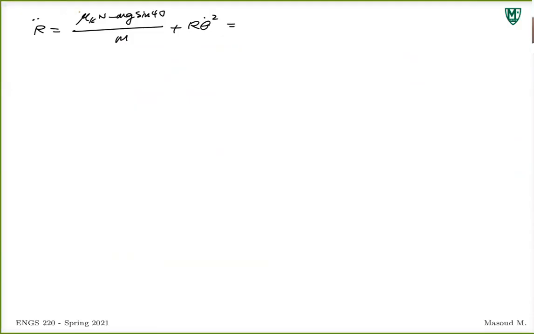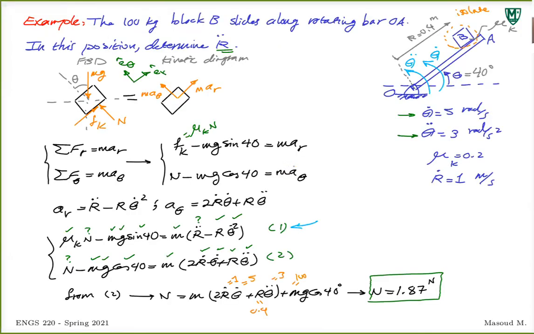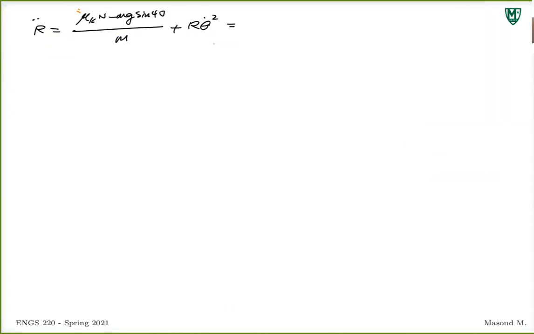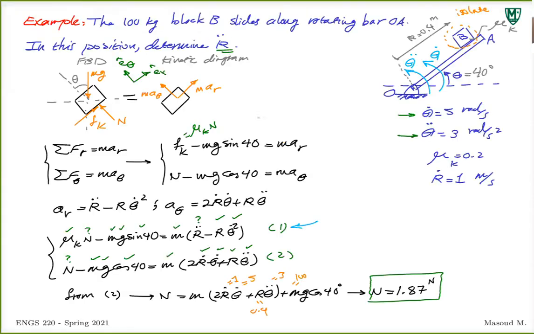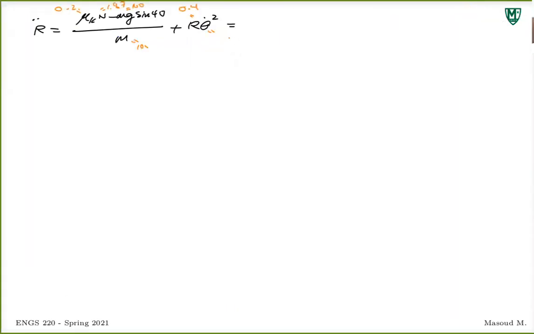You have everything again. This is mu k, given as 0.2, hopefully I gave you that. And now you know N is 1.87. M is 100, r is 0.4, theta dot, I forgot, is 5.